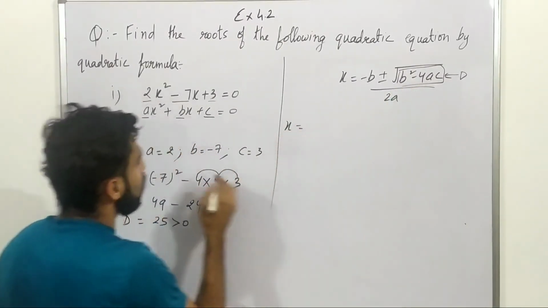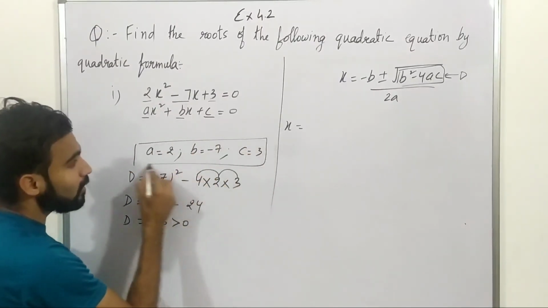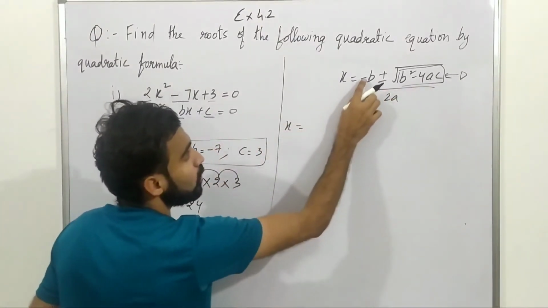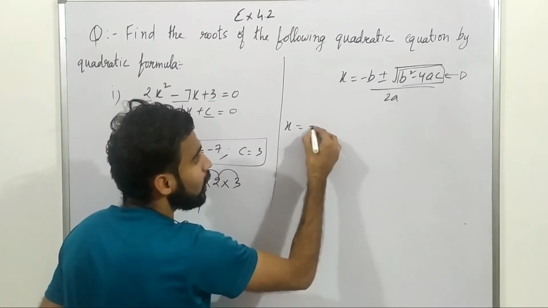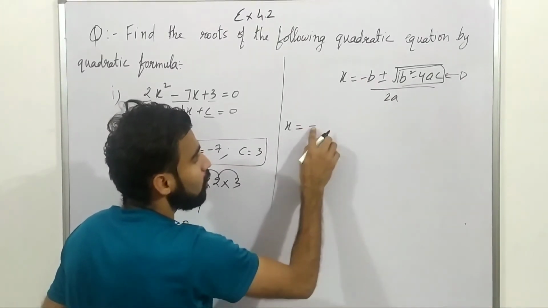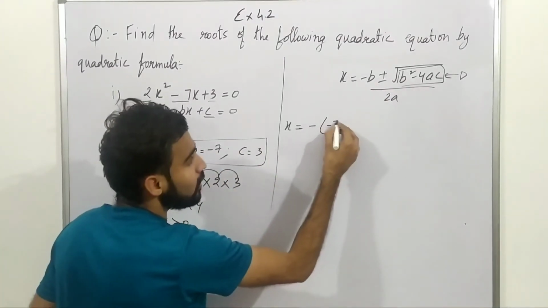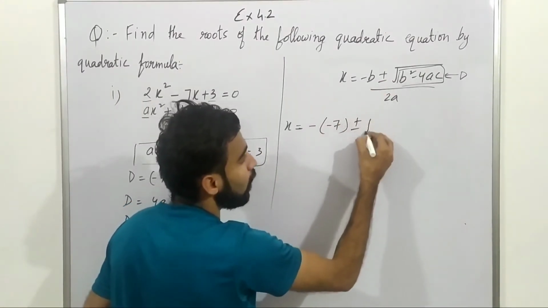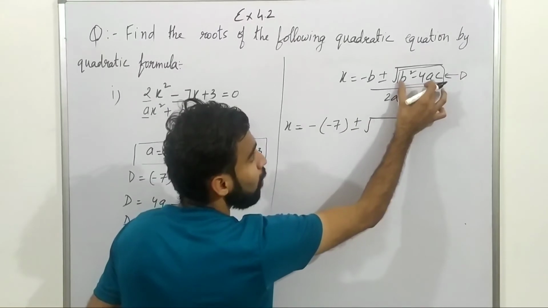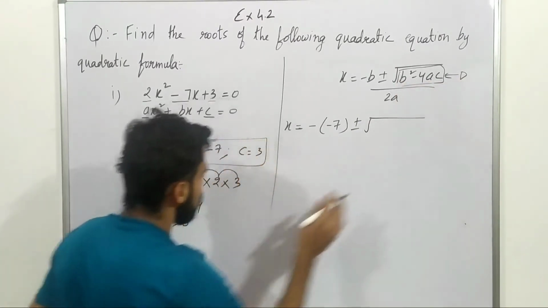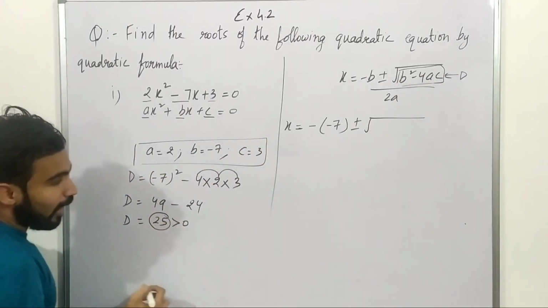I will substitute the values of a, b and c into the formula. So this minus b, now the minus sign is in the formula, so let me just first take that. Now at the place of b, I will substitute minus 7. Further plus minus under root. Now this b square minus 4ac, that is capital D, has already been calculated by me as 25.